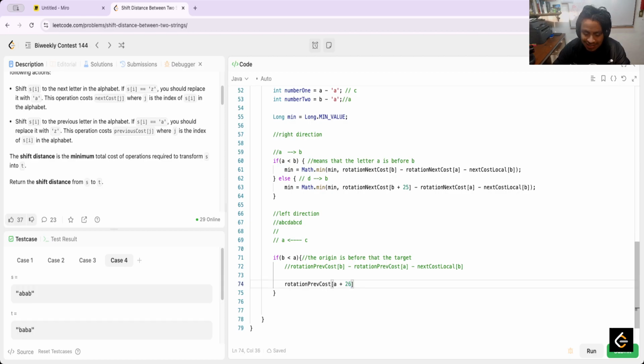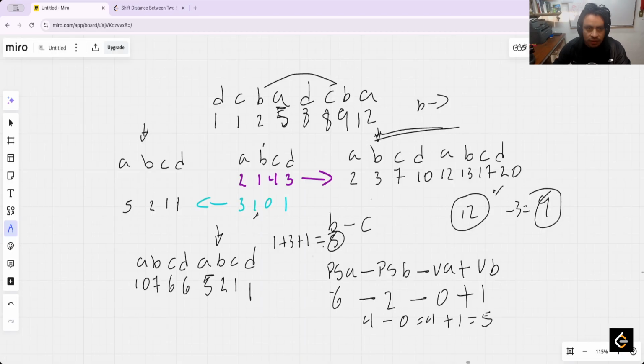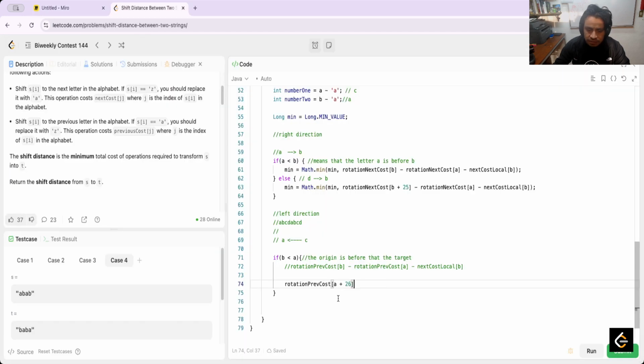No, here is 26. What is the formula? Position A, that is the target, less position.